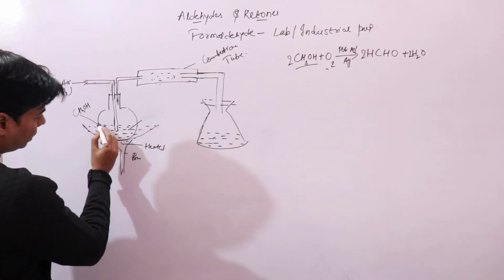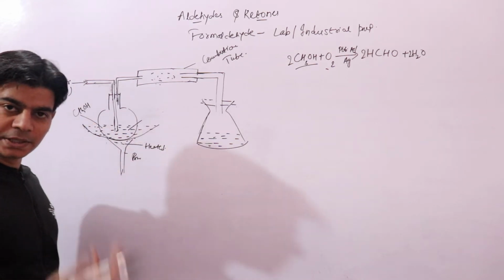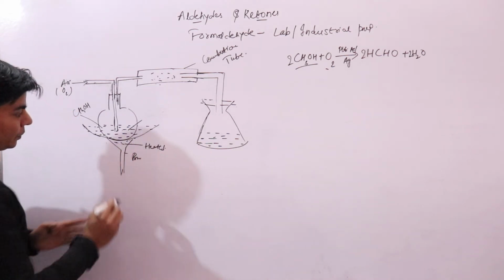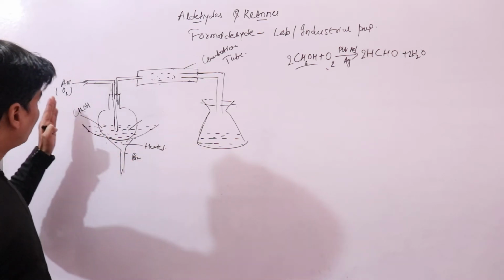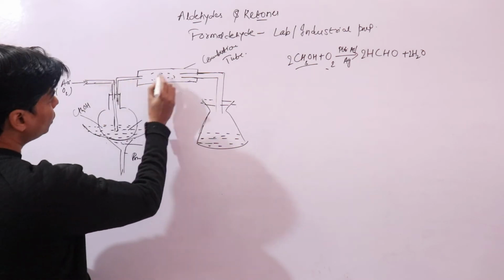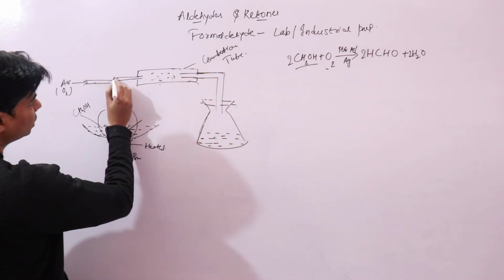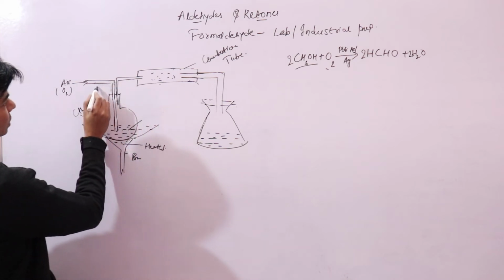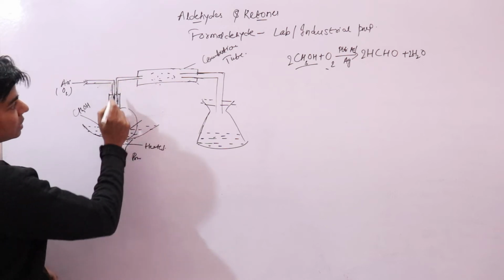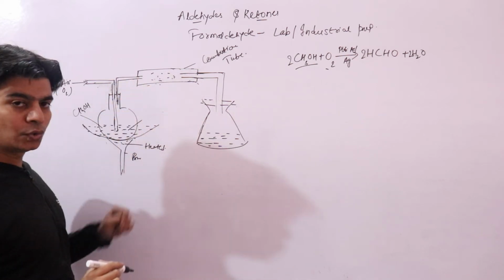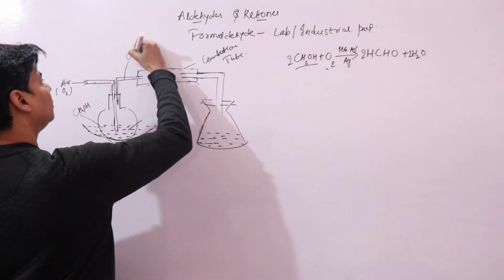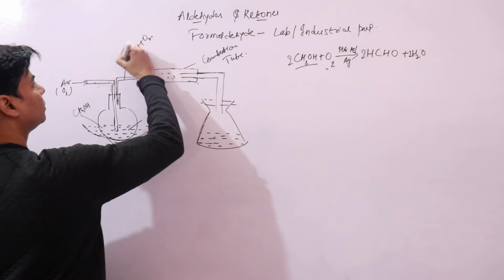When this methanol is heated, it will form its vapors. So methanol vapors along with oxygen will go into this combustion tube. You have two tubes: the first tube through which air is sucked in, and the other tube which is connected to the combustion tube, through which methanol vapors and oxygen are passed.